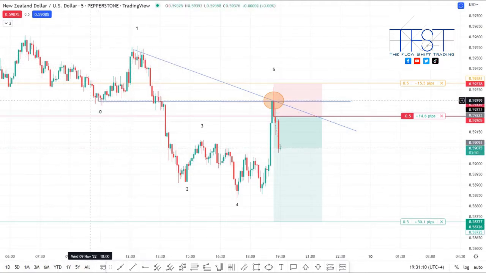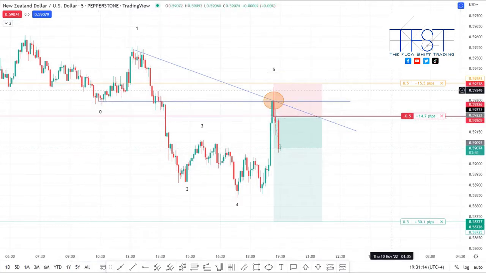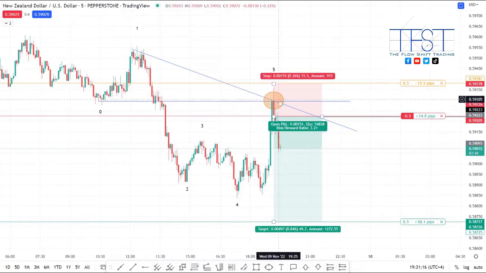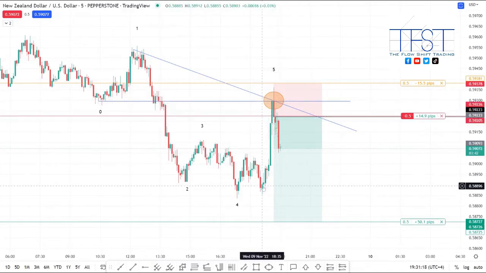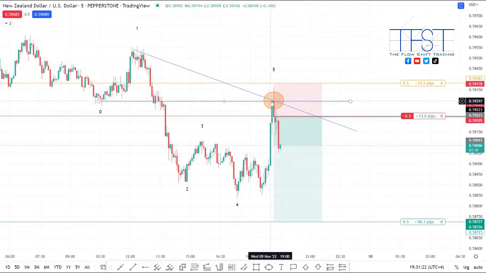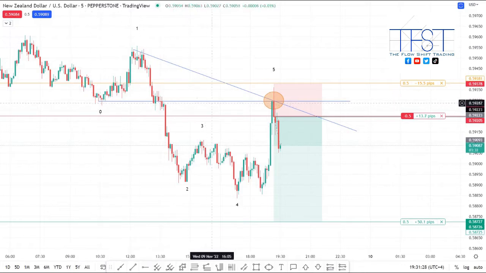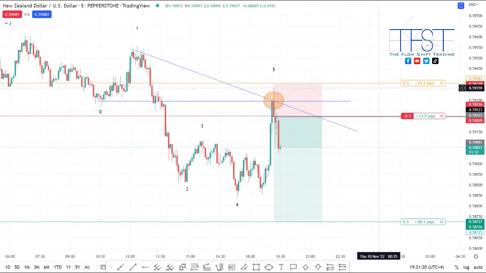So, from there, nag-project tayo in the future and nung price bumalik doon, nakita natin na hindi niya na-violate yun. Even this ranging volatile candle to the upside is na-stop and hindi nag-close above doon sa frequency line na pinroject natin coming from low number 0.